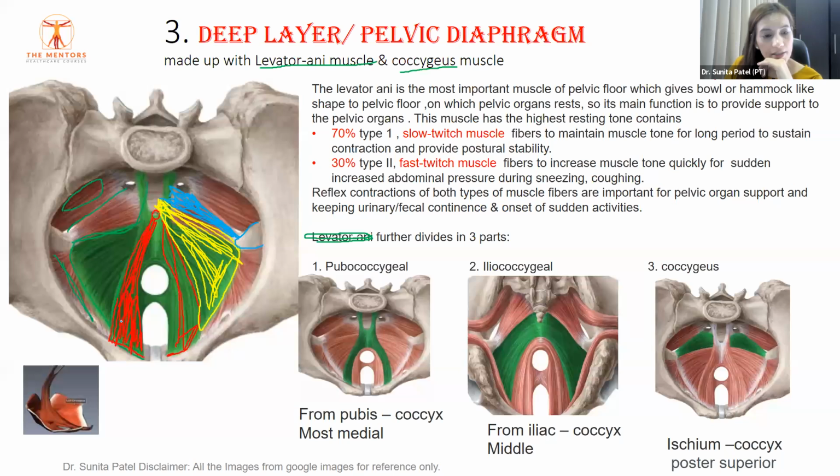Now let's understand the first part. Pubococcygeus, more central. Pubococcygeus is going from anterior to posterior. So what is the function of this muscle, coming from anterior to posterior? Is it working as a stabilizer?